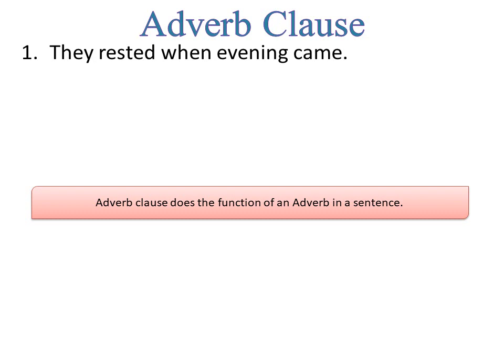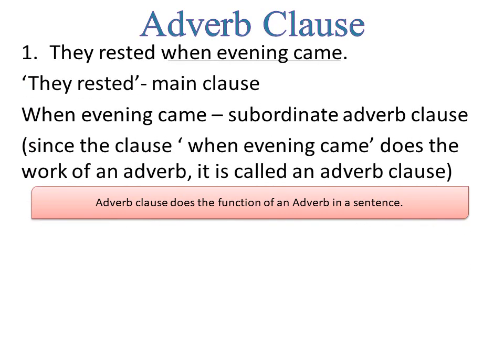Now here you can clearly make out that when is the subordinate conjunction, because remember I had told you all WH question words come under subordinate conjunctions. So now you know that your subordinate clause will begin from when. Now, if you read the sentence again, you can see that when evening came is giving you additional information about the verb rested. Therefore, when evening came will be your subordinate adverb clause. They rested becomes your main clause because it forms complete meaning on its own.